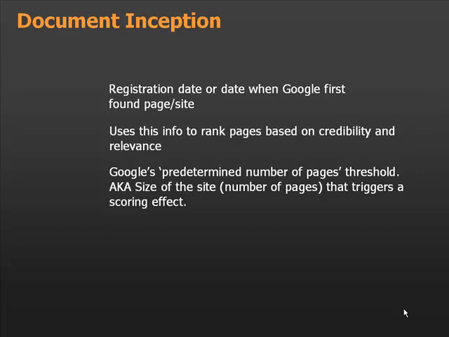Of course, you can do it on a per page basis, as Google also ranks individual pages as well as entire websites. So if you have a one-page site, don't worry, I'm going to show you how to get to the top with a single page.